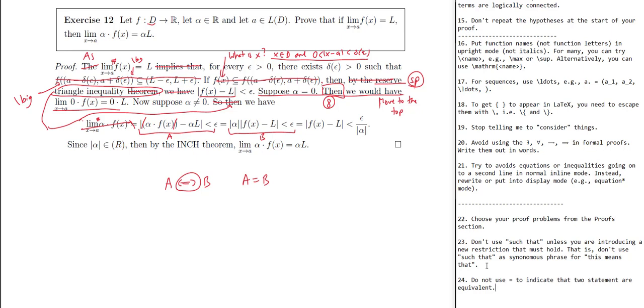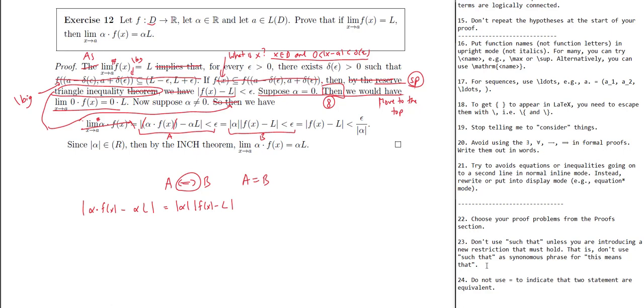So what you really want to do is just compact this thing all together. So we have alpha times f of x minus alpha times L. And you're claiming that you can pull this alpha out, which you can, because we have a property for the absolute value that says you can do that.